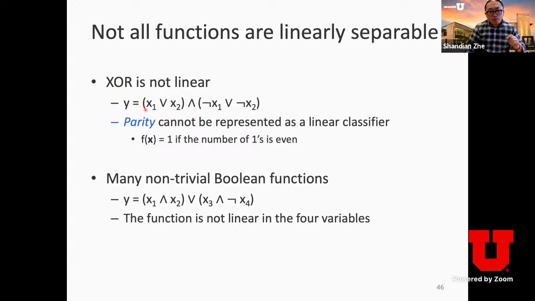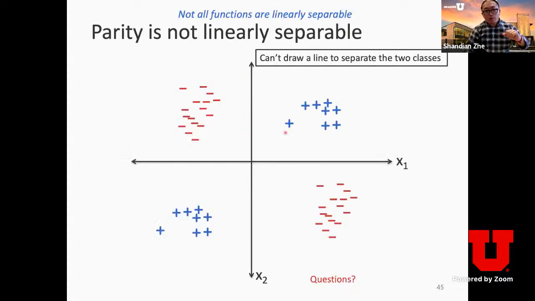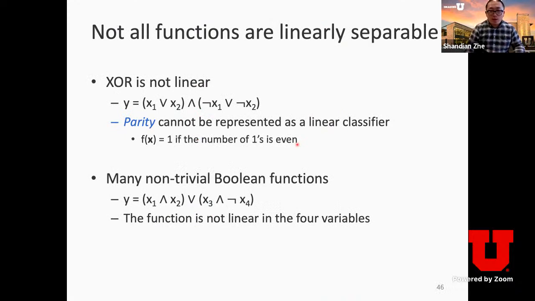Given two Boolean variables, x1 and x2, XOR of x1 and x2 is true if and only if x1 and x2 are different, meaning that either x1 is 1, x2 is 0, or x1 is 0, x2 is 1. If you write down the four possible examples labeled by this XOR function, they will definitely be distributed in this way, right? And we can show that they cannot be separated by any linear function.